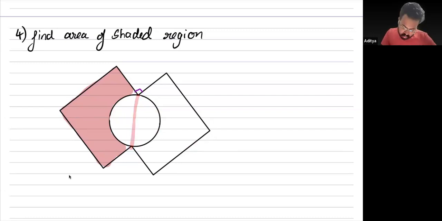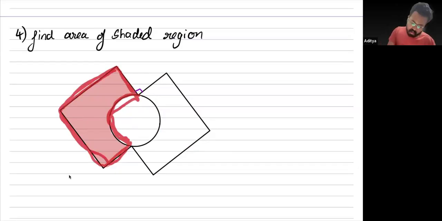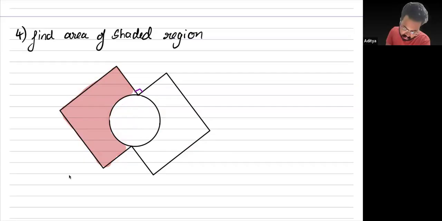Whatever we are left with is this circular region carved out of this square. You need to find the area of this region. It is given that the side length of the square is x. So using that you can figure out the answer.